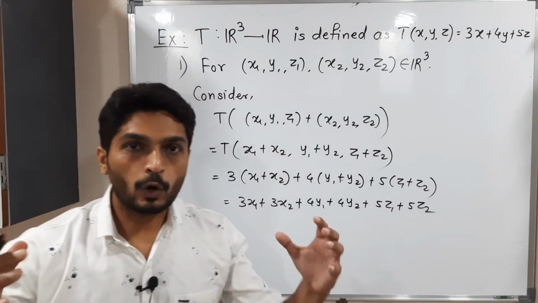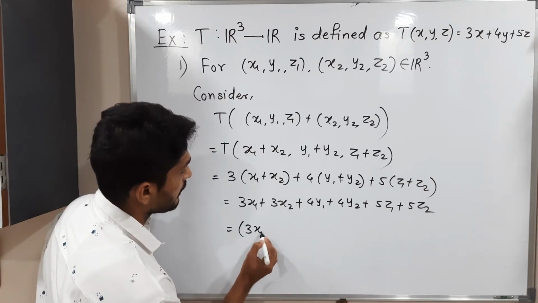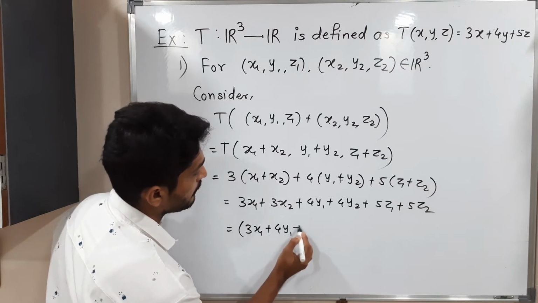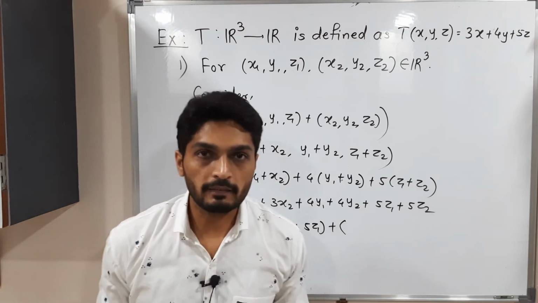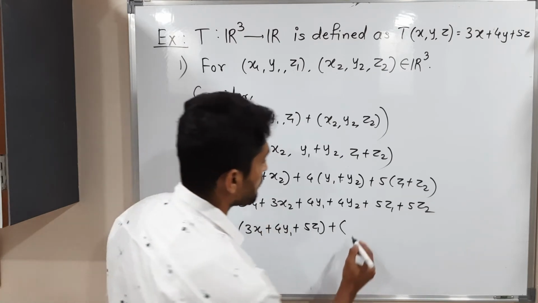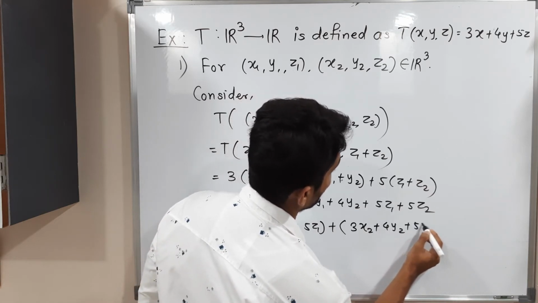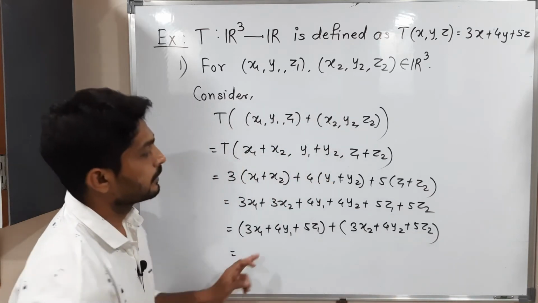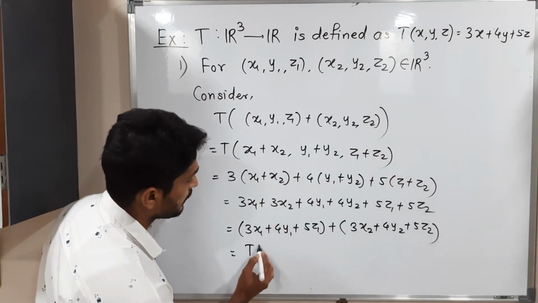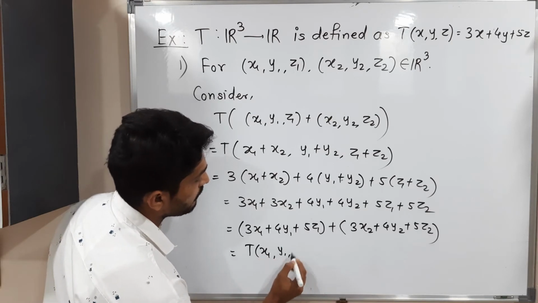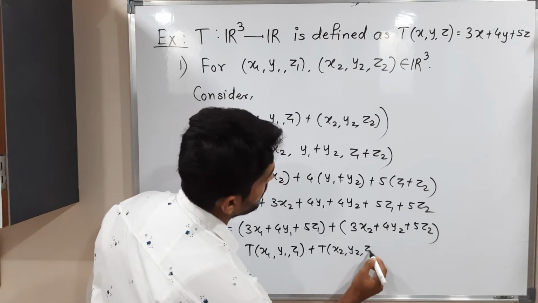After that, we will collect all terms having suffix 1. So we can write 3x1 plus 4y1 plus 5z1. After that, we will collect all terms having suffix 2, so it will be 3x2 plus 4y2 plus 5z2. If you go back to the definition again, you can easily recognize that this is nothing but T of x1, y1, z1, and this is nothing but T of x2, y2, z2.